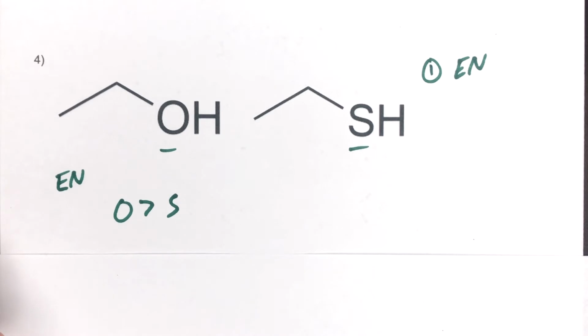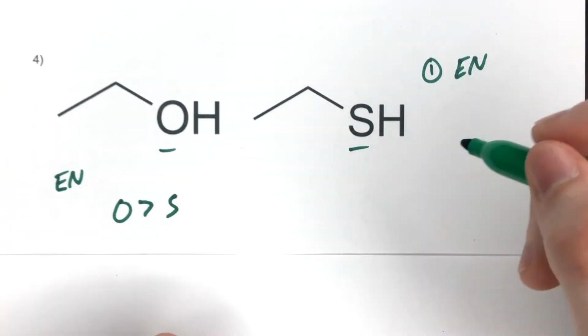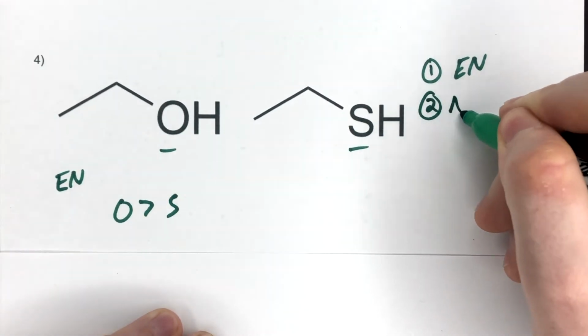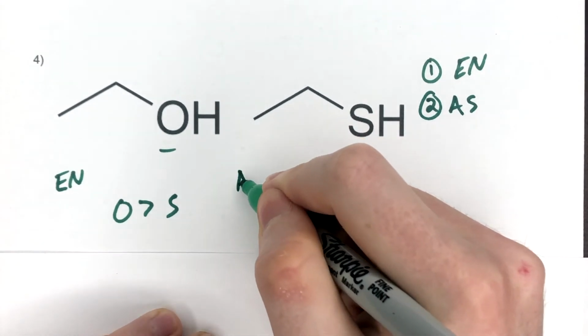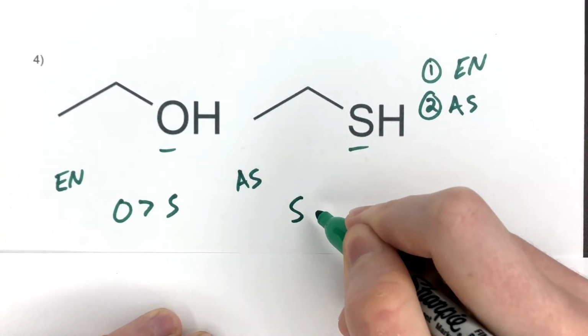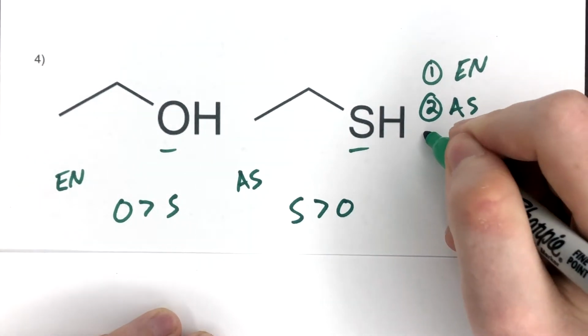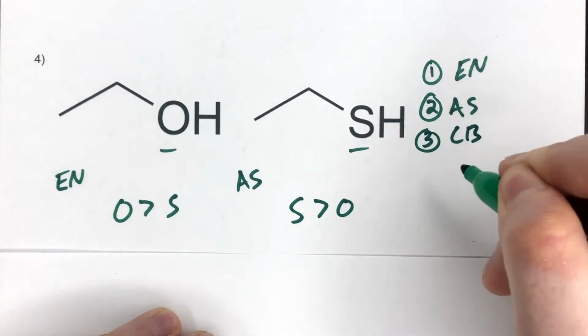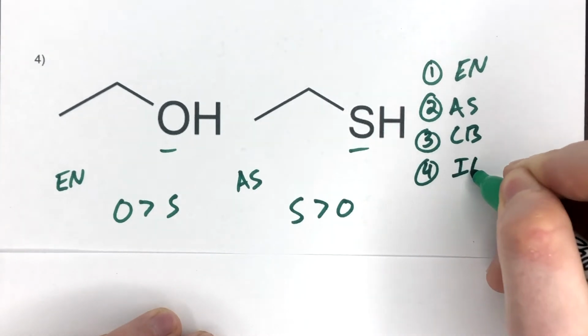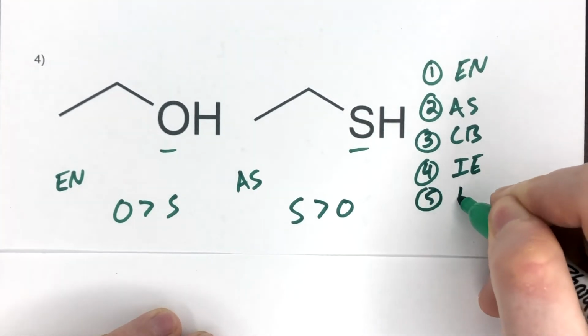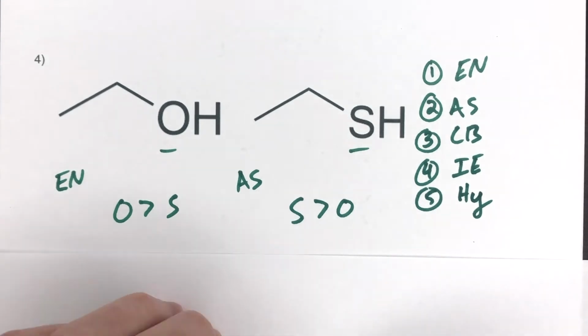So let's keep that in mind. Secondly, there is an atomic size difference. In terms of atomic size, the sulfur is much larger than the oxygen. And thirdly, no conjugate base stabilization, no inductive effect, and no hybridization. I'll just call hybridization HY.